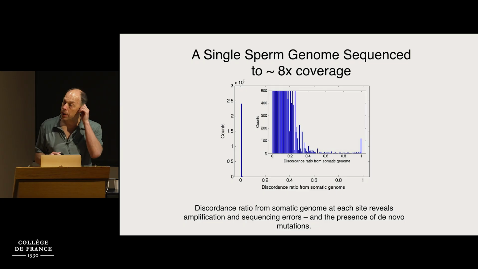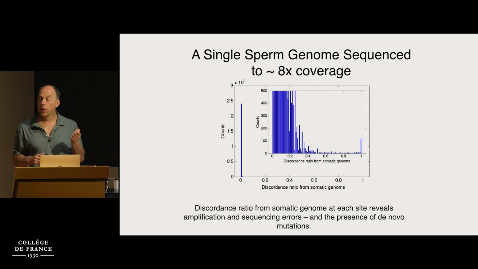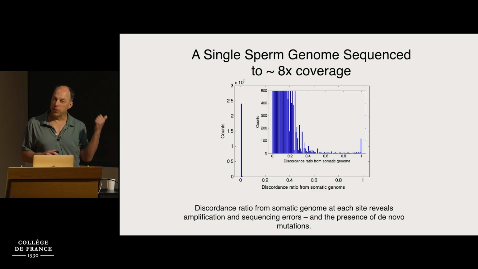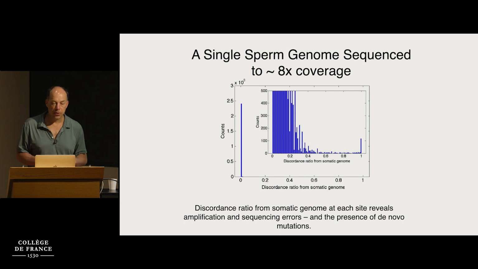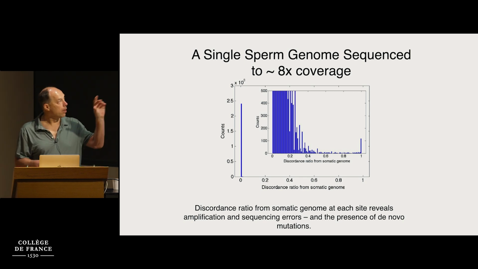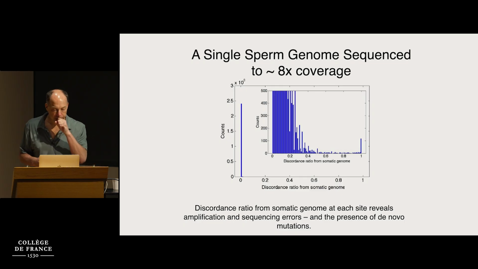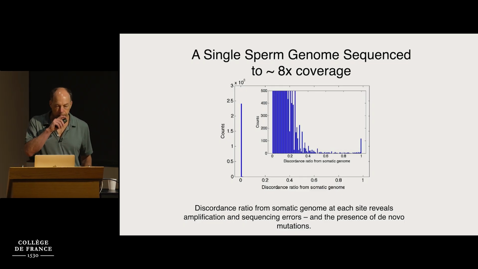We convinced ourselves it was not technical error, but those were places where that sperm cell had a mutation that was different from the reference genome. So that's a place where somewhere in the spermatogenesis there had been a cell division, mutational error, and this would be a new mutation that, if it was passed on, if there was a child made from it, it would be different from the parent. And a new mutation would have been introduced into humanity. So that was pretty neat.